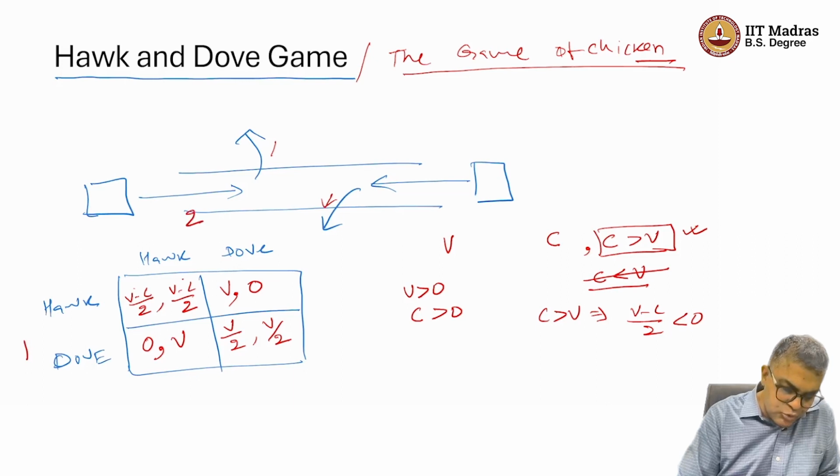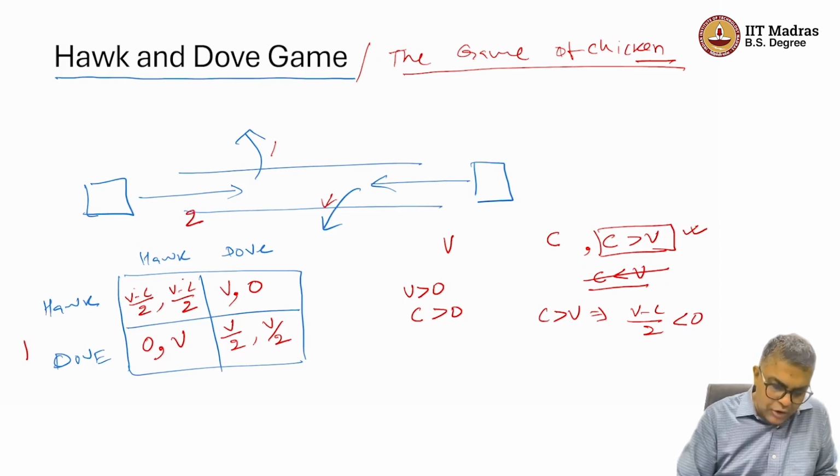So if player 2 is acting like a hawk, you are better off acting like a dove, because at least you are going to get 0, not negative. And if player 2 is acting like a dove, then you must act like a hawk, because that will give you V, twice more than V by 2. Similarly, we can check from the other player's perspective and you will get this.